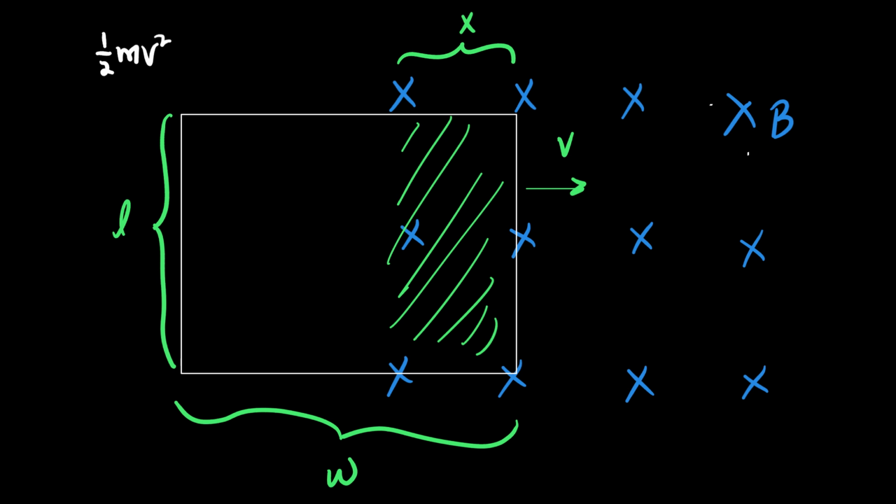Now, when it passes into the region of space where there's a magnetic field, we know a current is going to be generated. And if there's a current generated, regardless of whatever the wire is, there's going to be some kind of power dissipated in that loop, which means energy is going to be expelled in that loop. That energy just can't come from somewhere, and disappear. We can't create energy without there being some other consequence in the universe.